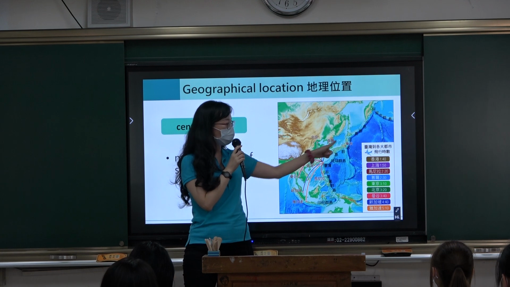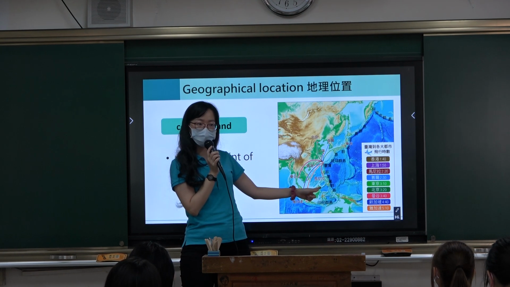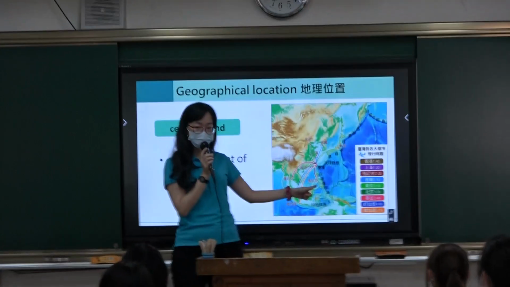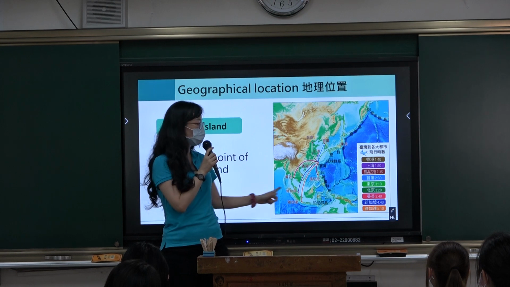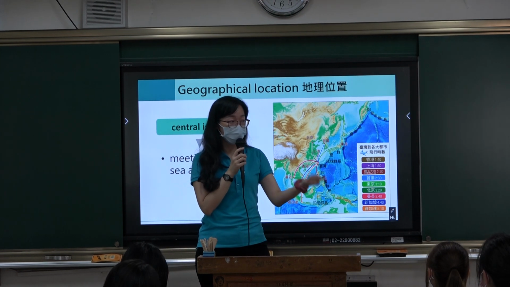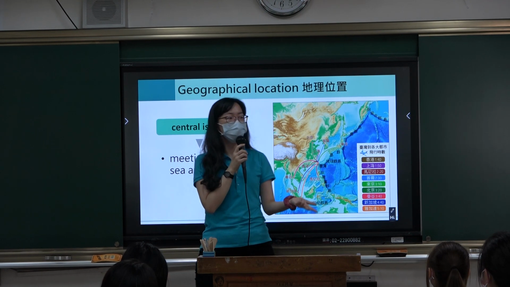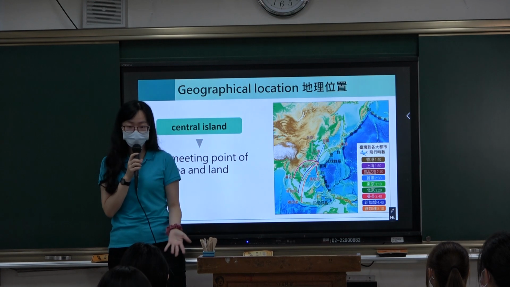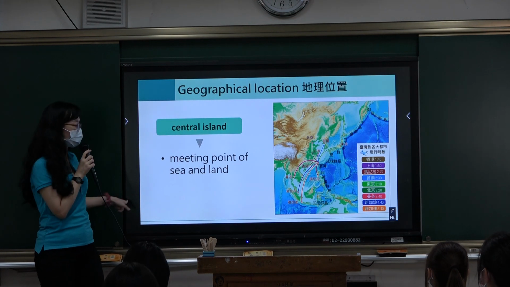Korea, and this here is Japan, and this one in the southern part is the Philippines, and also in the southwest part is Southeast Asia, like which country? Thailand, Malaysia, and then like Vietnam, and Laos, Cambodia, etc. Yeah. So this is actually the meeting point of sea and land.